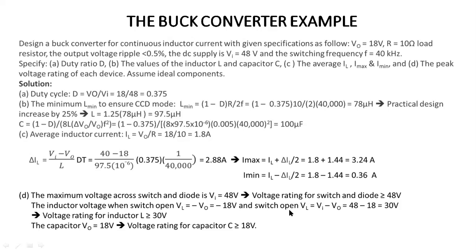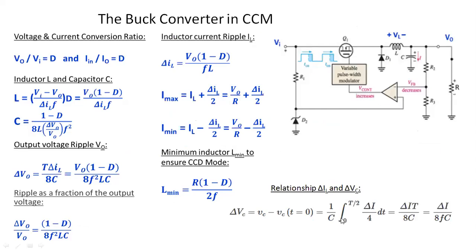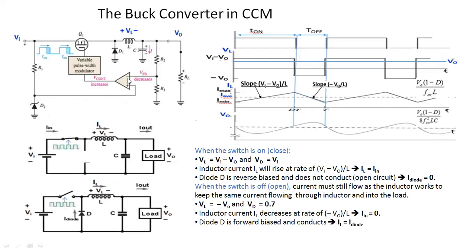Now if our switch is open, we are having the equation for VL, VI minus VO, because when we have seen this diagram, at that time what we are saying, if the switch is open, at that time current will go only to the inductor and load.